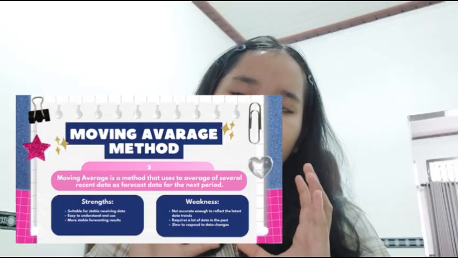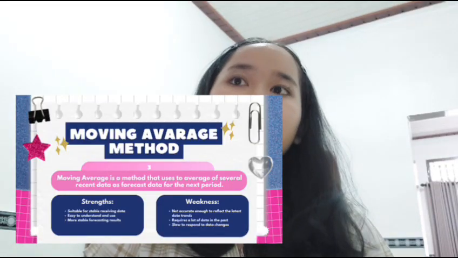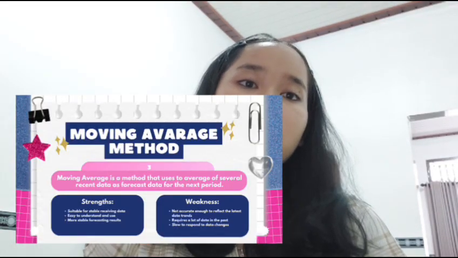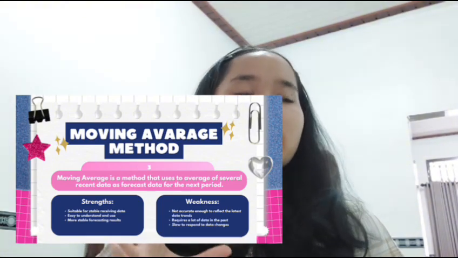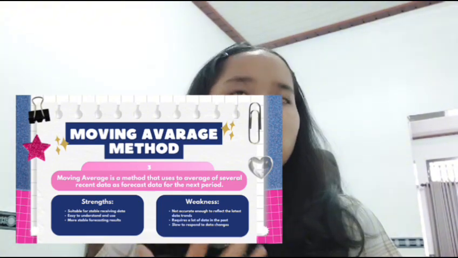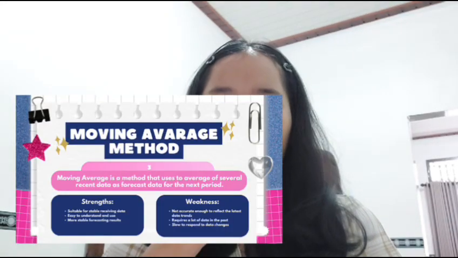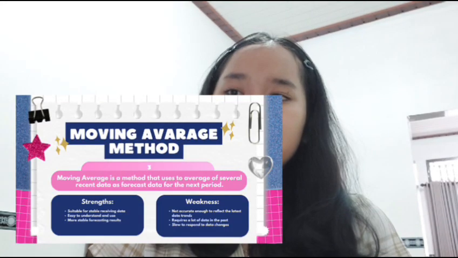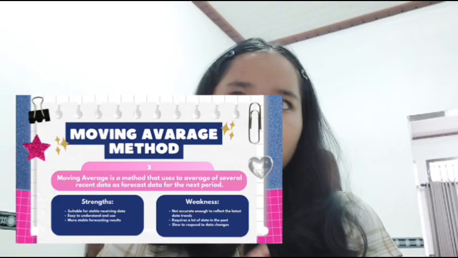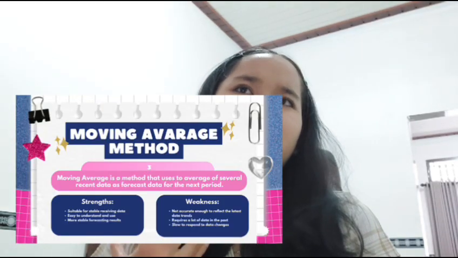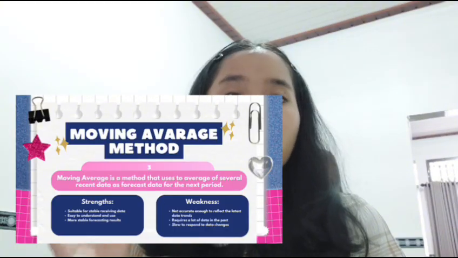After this explanation, I conclude the moving average method. It is really simple to use and the formula is easy to understand, but the weakness is that it is not accurate if we use a small amount of data.